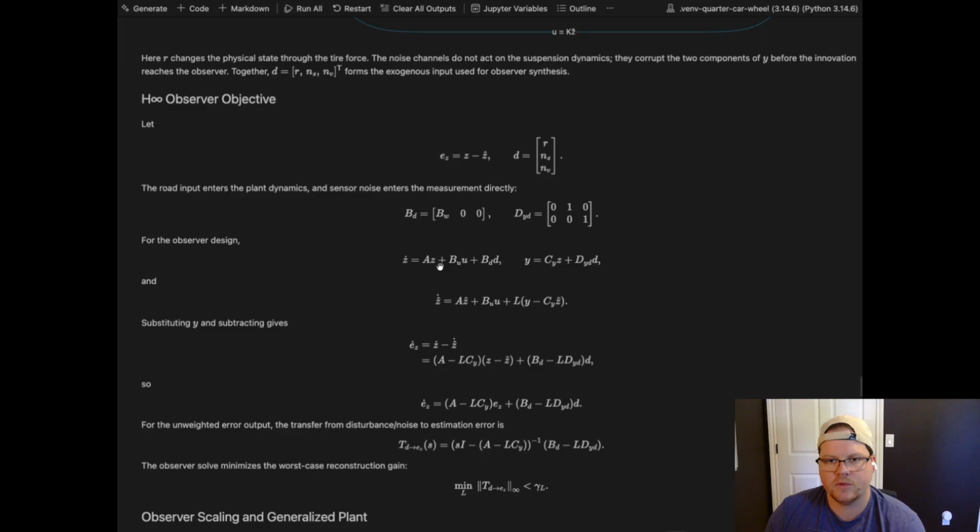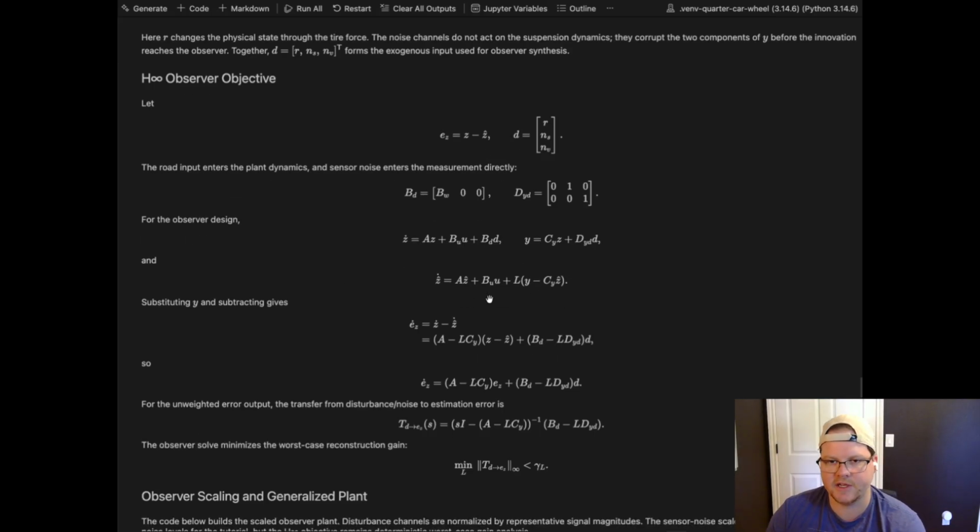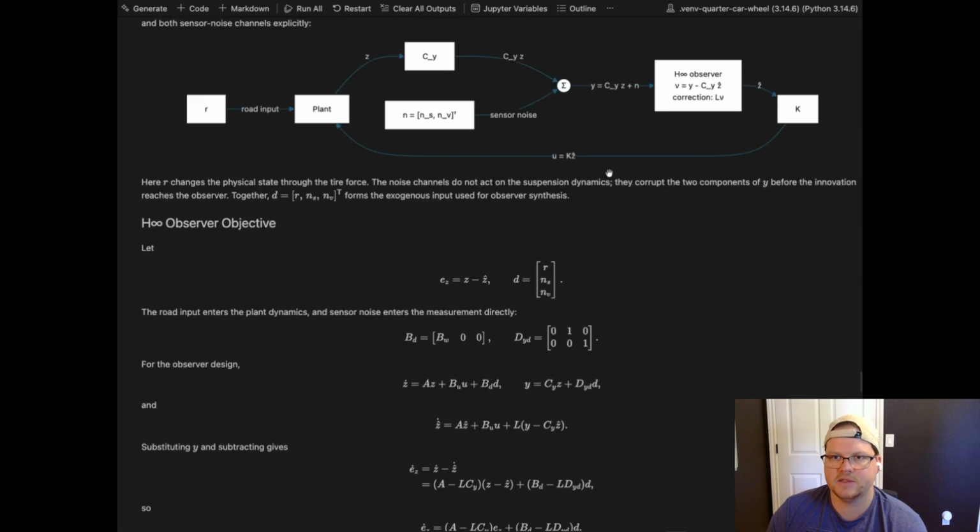This is our normal state space equation for the state update, state dynamics, and then the output here. And then this is our estimated here. So we have the Z hat dot, and we have a similar thing as before with the Luenberger observer times the difference between Y and our CY Z hat.